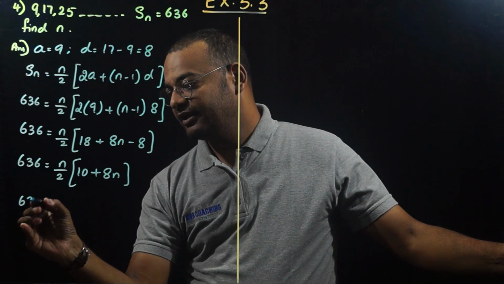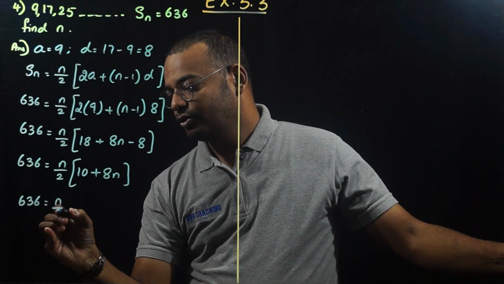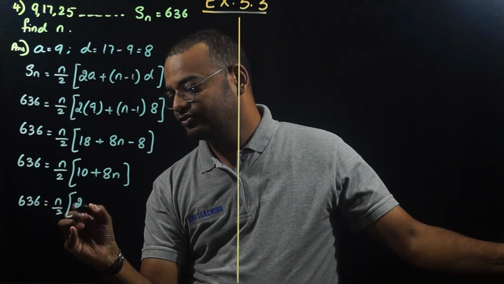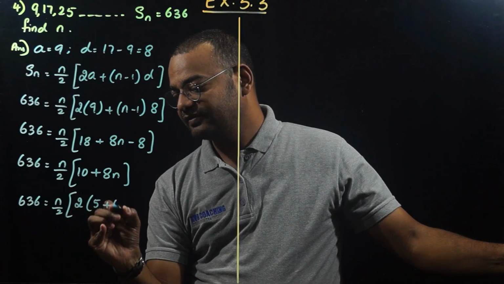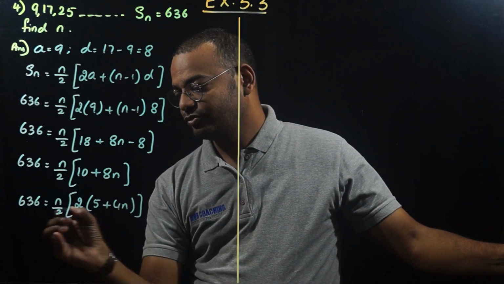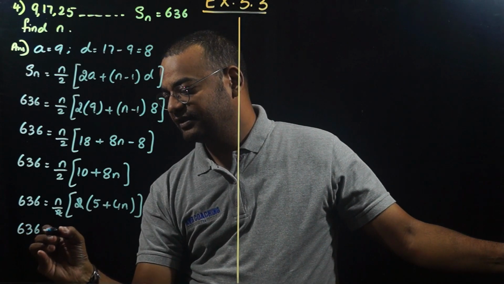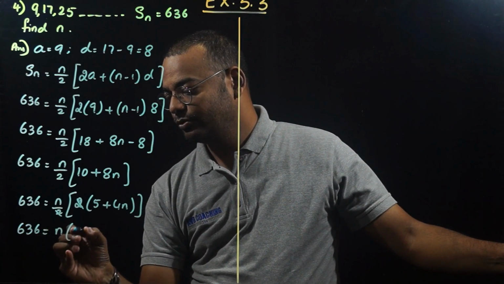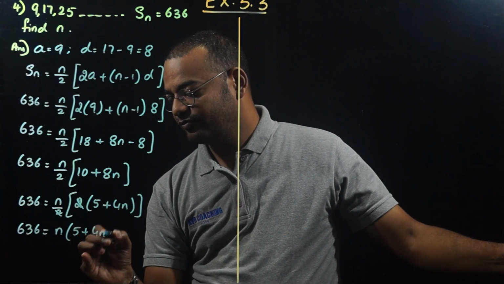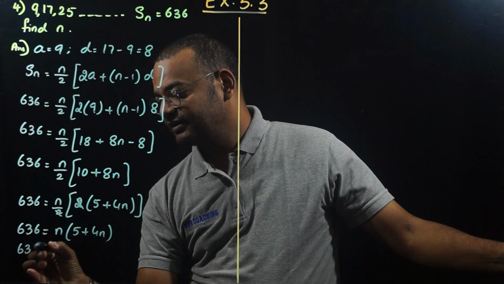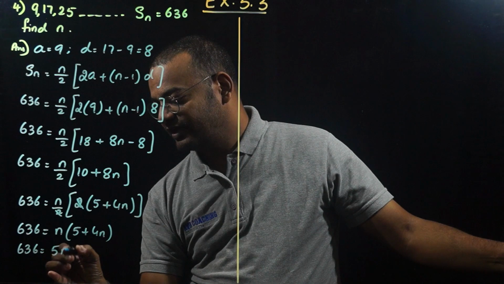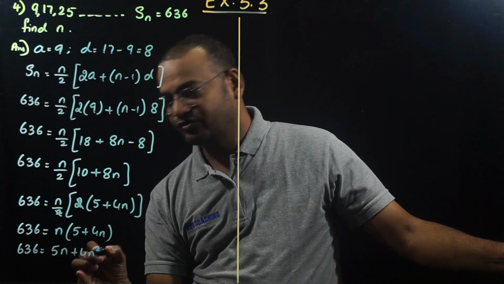Here we can take 2 common, so this is 2 into 5 plus 4n. So this 2 gets cancelled. We are left with 636 equal to n into 5 plus 4n, and 636 equal to 5n plus 4n square.